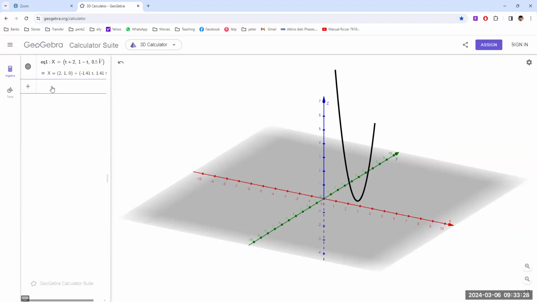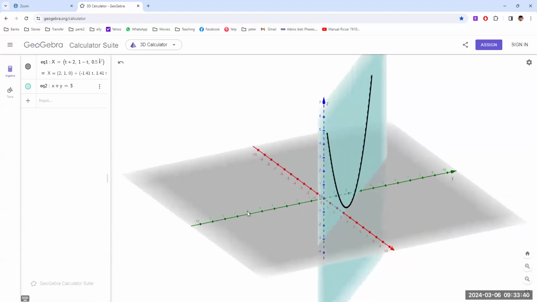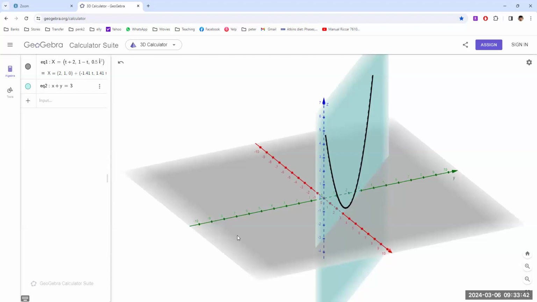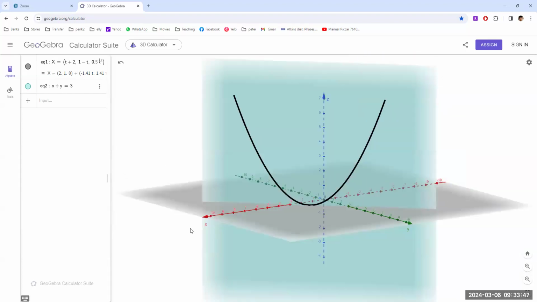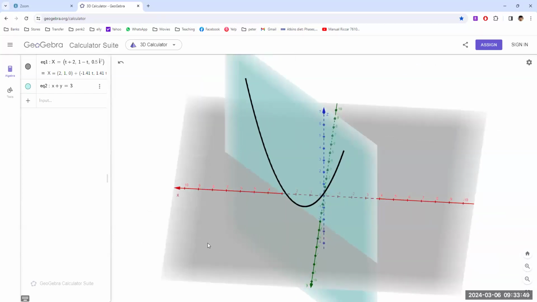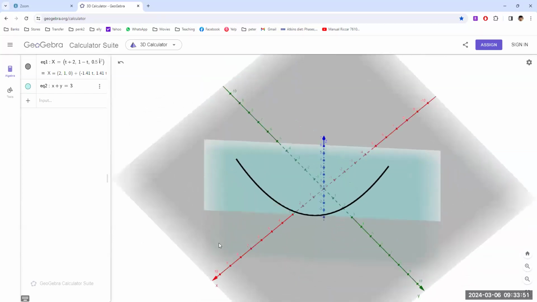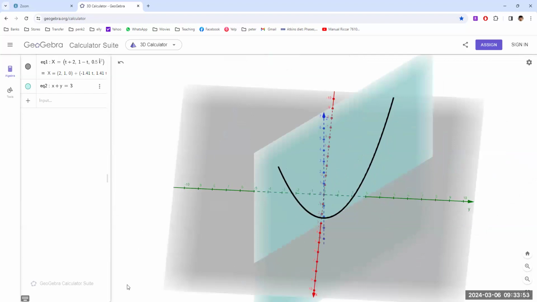And then the next thing I put in is that plane x plus y equals 3. I want to show that this plane and the curve is exactly on the plane. Do you see that? I think this is a better view. Let me screenshot this one.